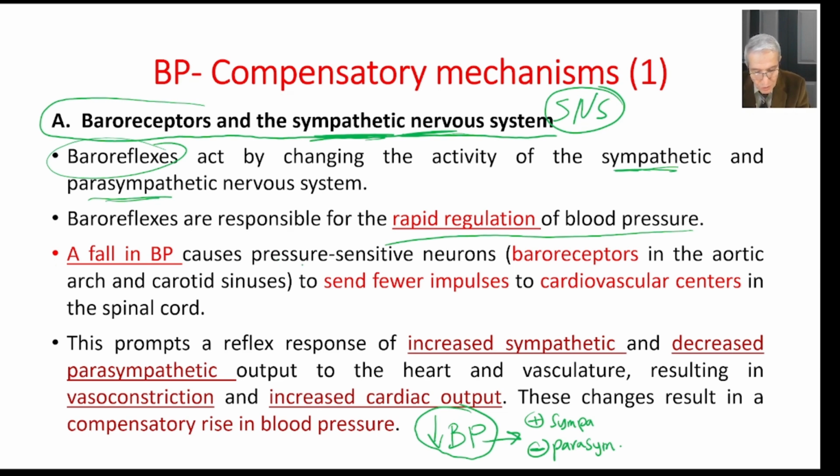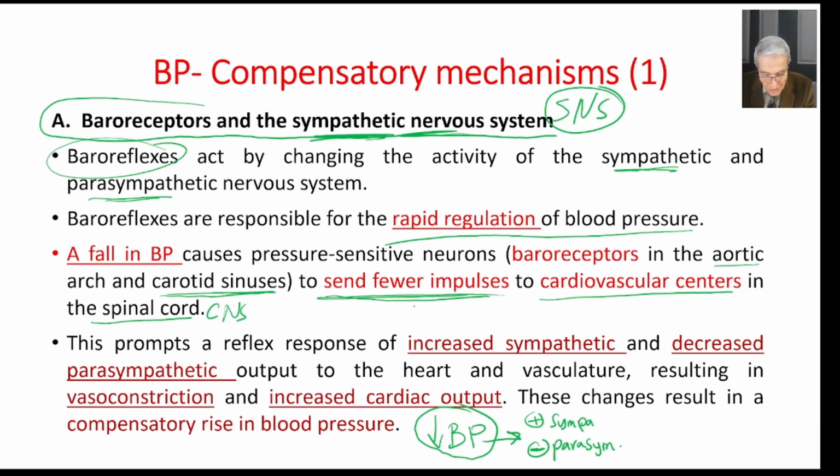A decrease in blood pressure causes pressure-sensitive neurons, baroreceptors in the aortic arch and carotid sinus, to send neuroimpulses to the cardiovascular center in the brain or spinal cord, in the central nervous system.